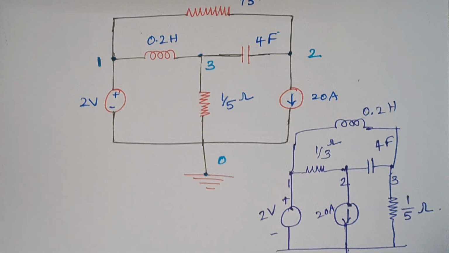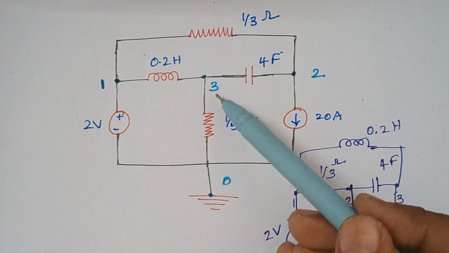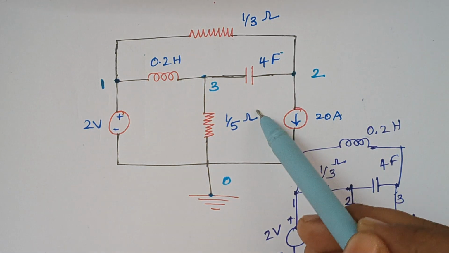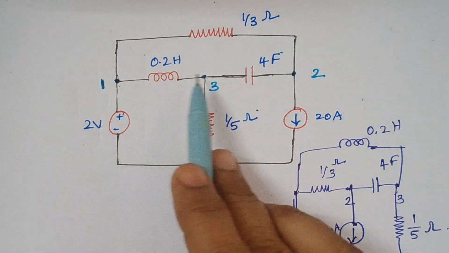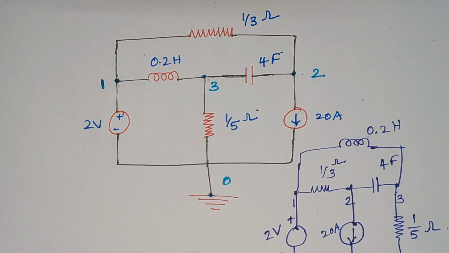Here the same diagram is drawn as given in your book, 1, 3 and 2, but actually we always practice keeping it in a proper order, 1, 2 and 3 like this.